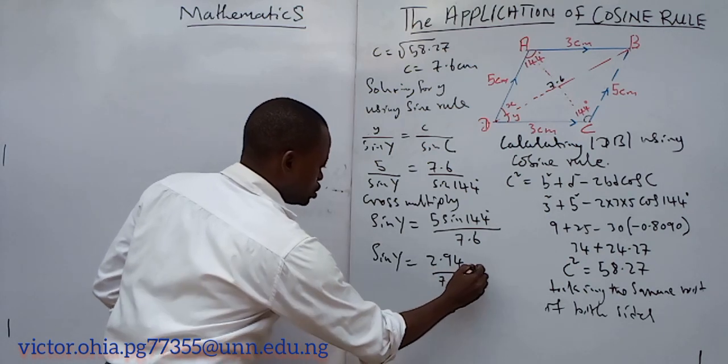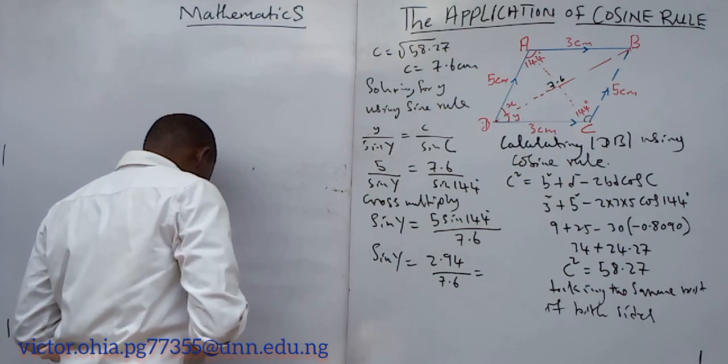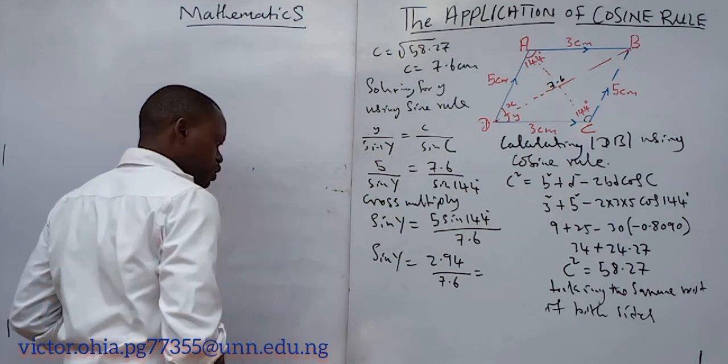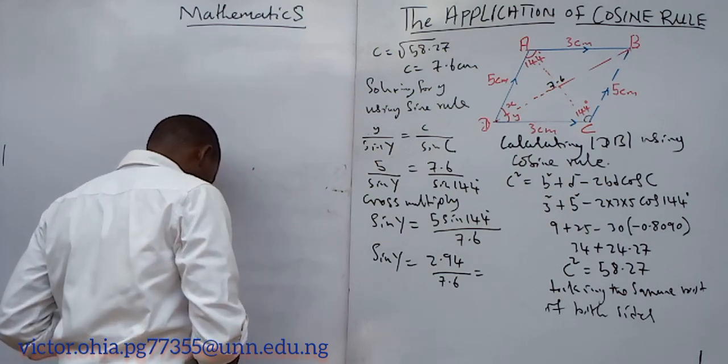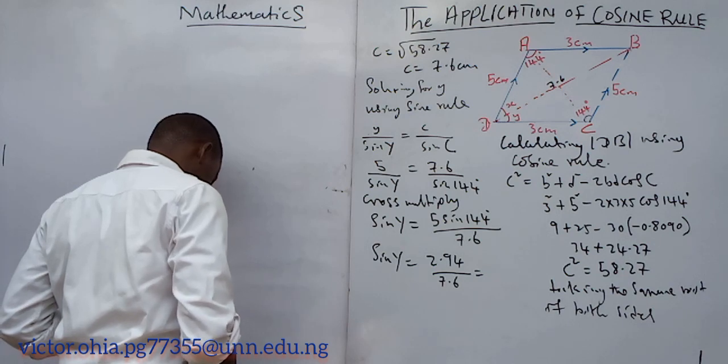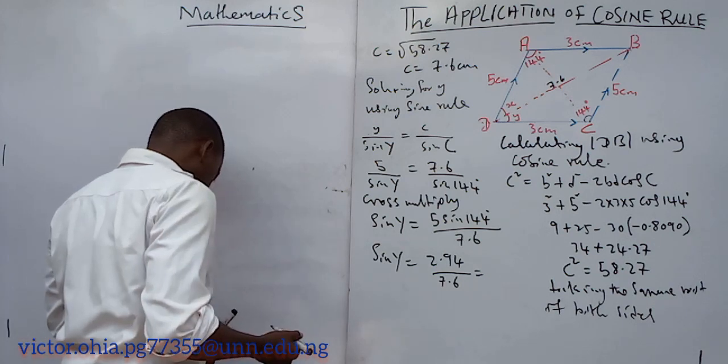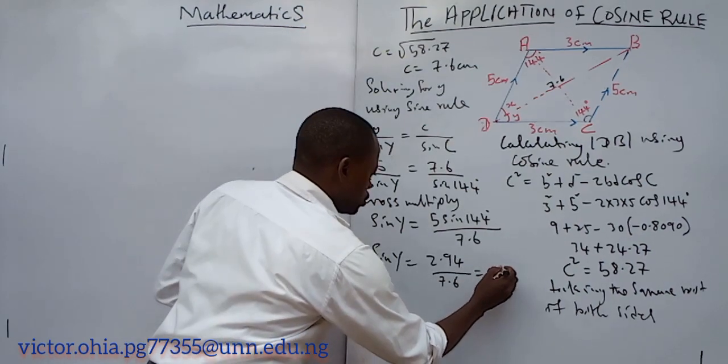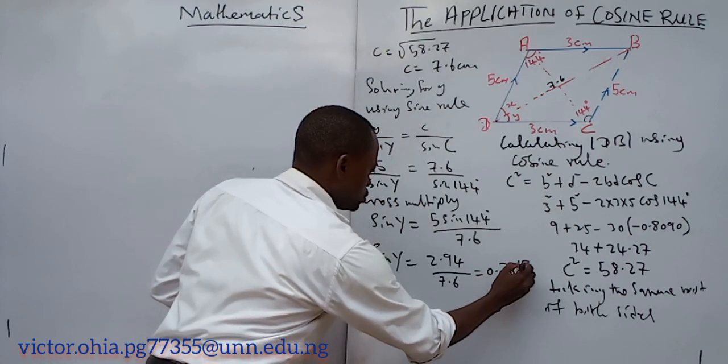So I will change this into decimal, divided by 7.6, 0.3867.